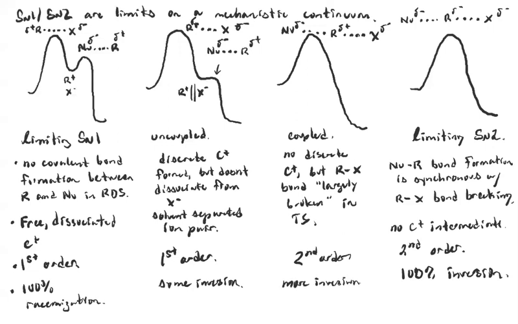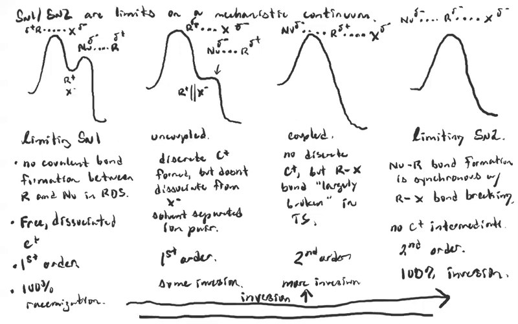Okay, so we can basically say that as we move from left to right, the inversion increases. And as we move from right to left, the degree of cationic character increases, okay?